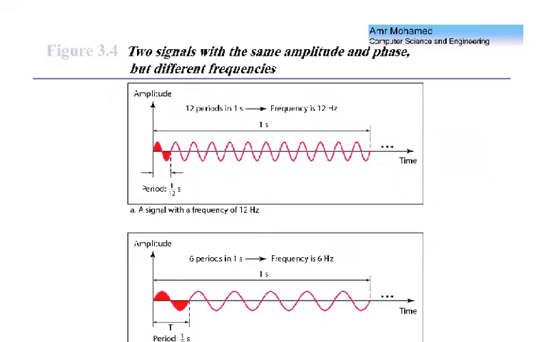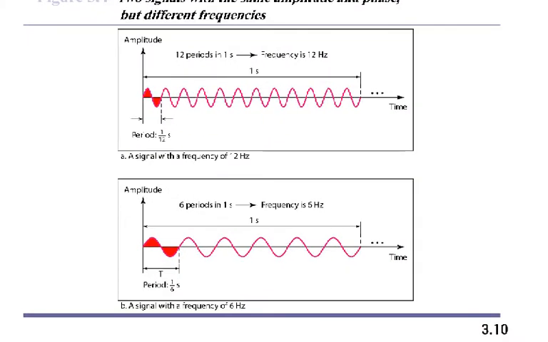For the exact same example, we have two signals here. As you can notice, the difference between those two signals is not anymore the amplitude. The difference is in the cycle duration itself. The period here is 1 over 12 seconds.